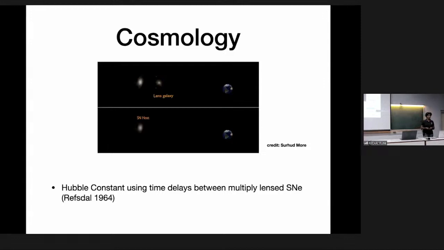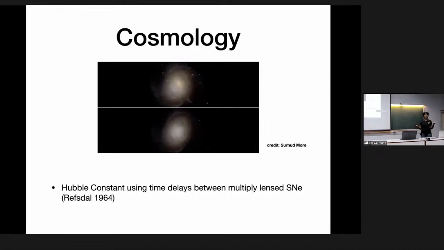So next I want to talk about cosmology. I talked about how we can study the foreground lens properties and the background source properties through lensing magnification. The third major area of application is cosmology itself. So let me show this animation made by Surhud. We can imagine that there is this background source, and then a supernova goes off.